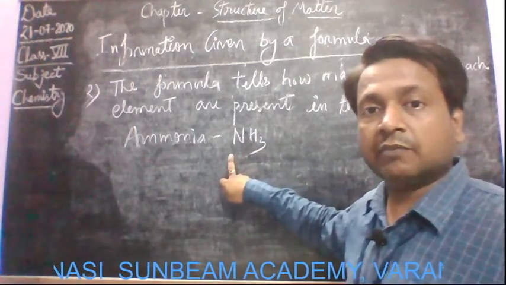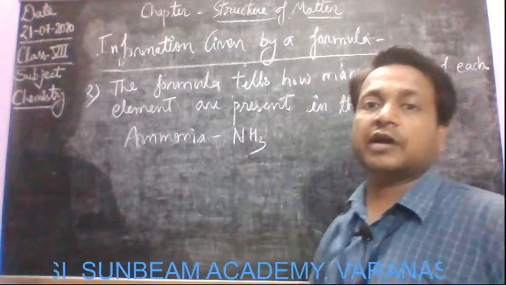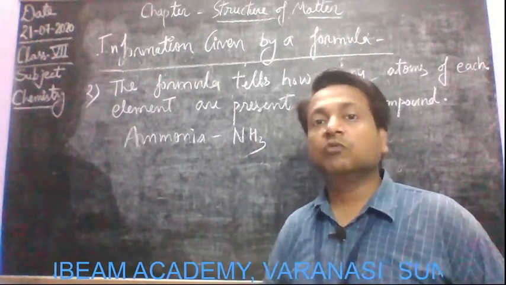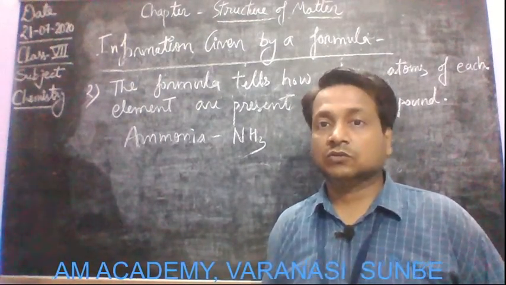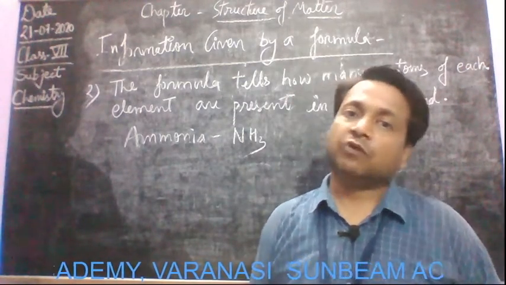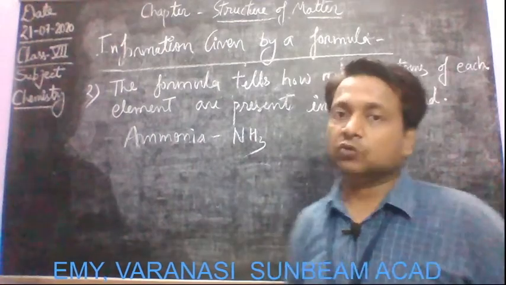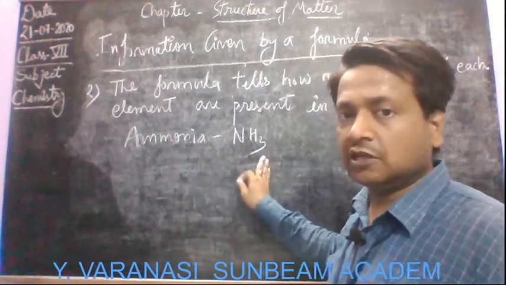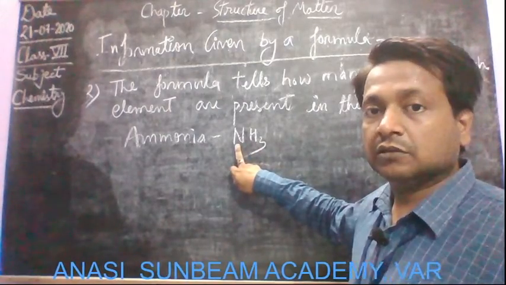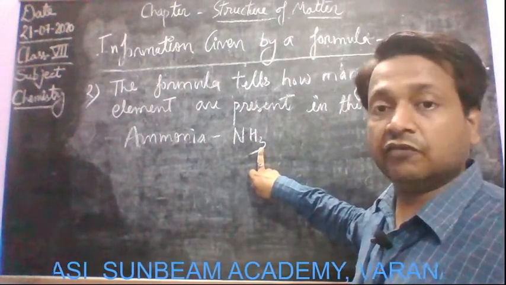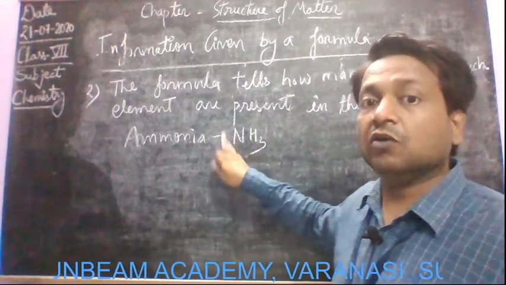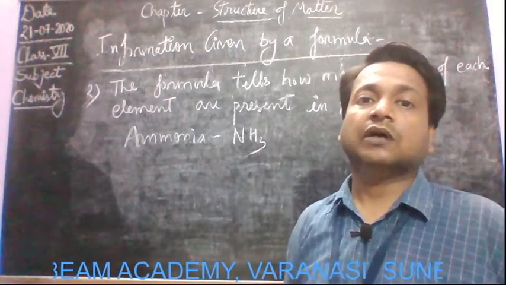So one atom of nitrogen and three atoms of hydrogen are present in one molecule of ammonia. So we can know about this number of atoms if we know the formula of ammonia. If we know that the formula of ammonia is NH3, so simply we can say that there is one atom of nitrogen, and this 3 indicates 3 atoms of hydrogen, which are present in one molecule of ammonia.